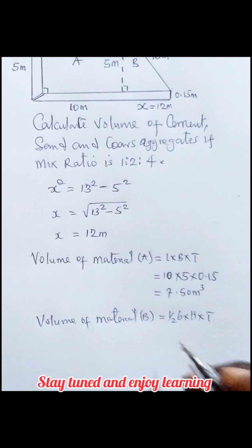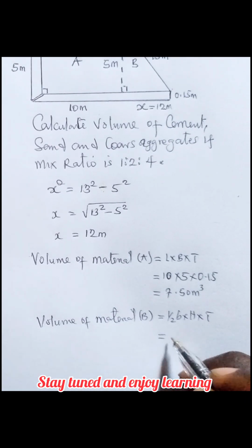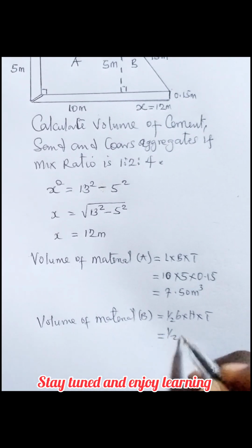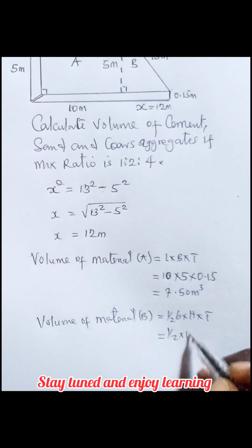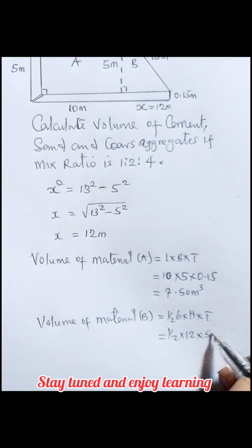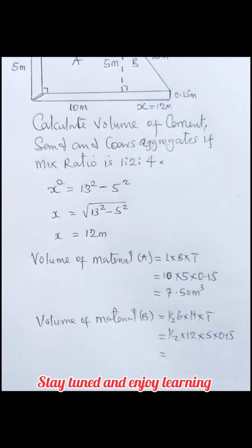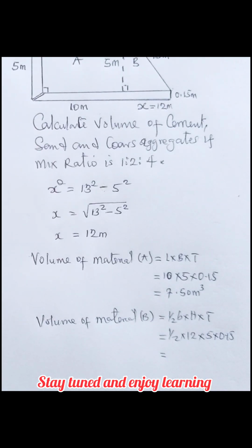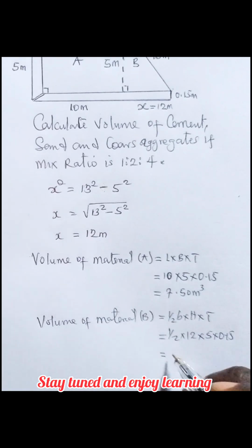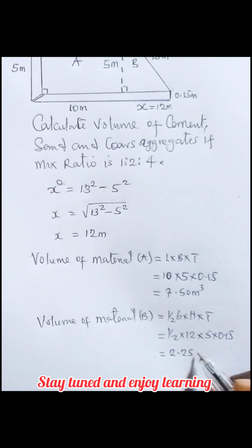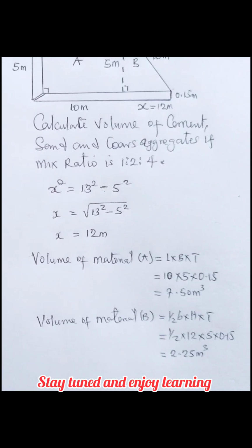Thickness, will give us the volume of material there, which is half times the base, 12, times the height, 5, times the thickness, 0.15. So this will give us 2.25 meter cube.